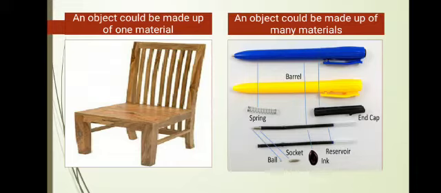For example, to make a wooden chair, we need wood, that is one material, or to make a pen, we need many more materials like spring, end cap, ball, socket, reservoir, ink, barrel and many more.